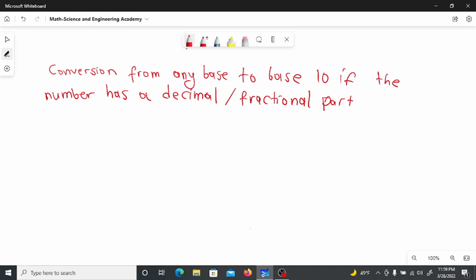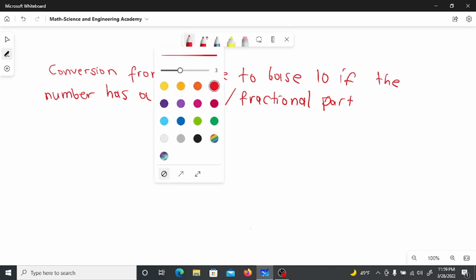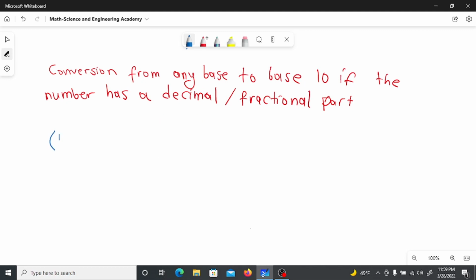Suppose that it is given like that: 12.34 in base 5. How much is it in base 10?